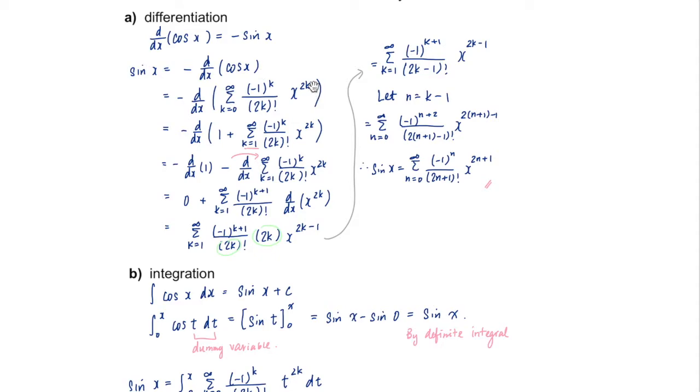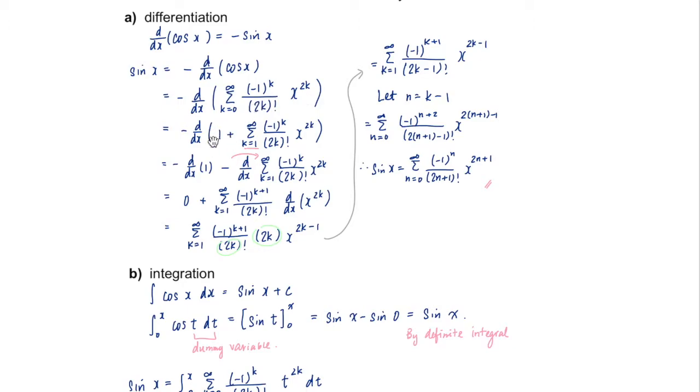But we also know that cosine x can be rewritten in its Maclaurin series form here. And then if I expand this series slightly, its first term when k is equal to 0, I have negative 1 to the power of 0, 1, over 2 times 0 factorial, also 1, times x to the power of 0, 1.